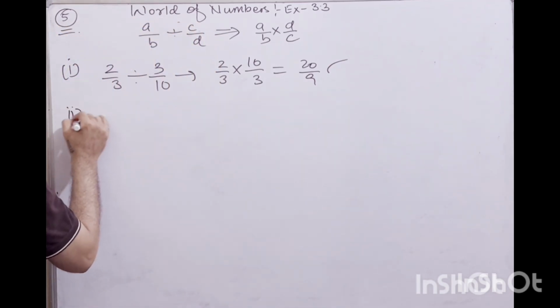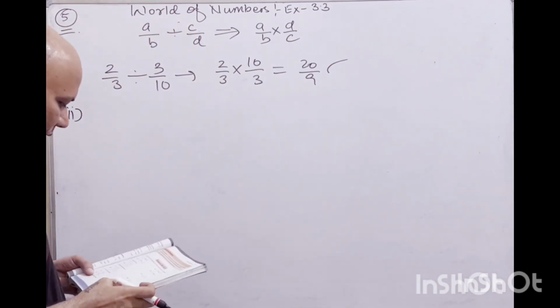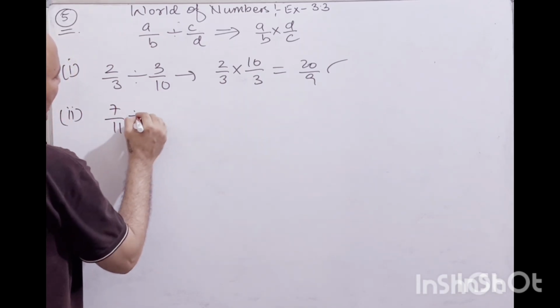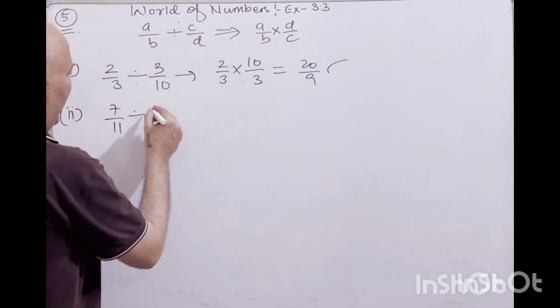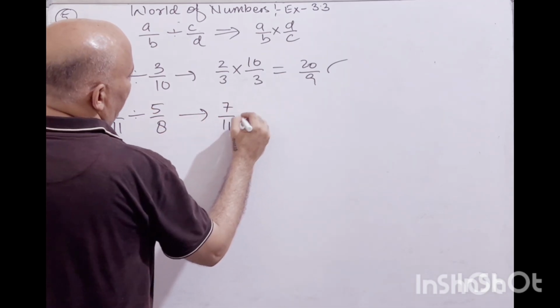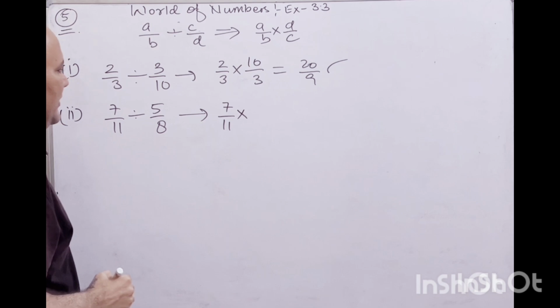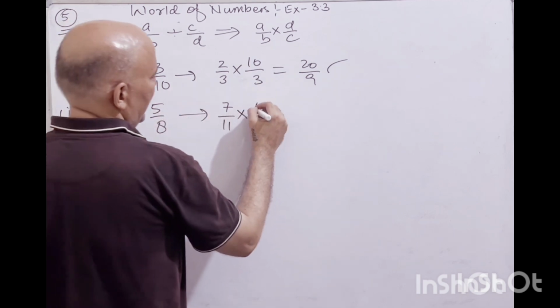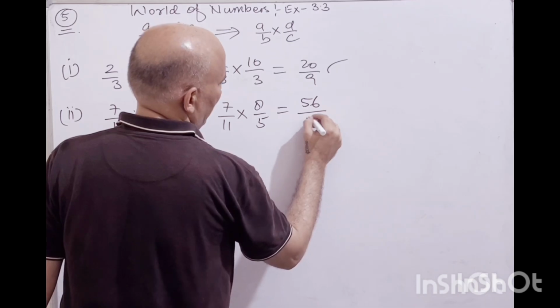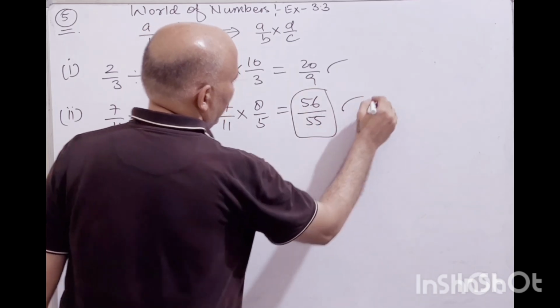Question number 5, part 2: 7 by 11 divided by 5 by 8. As per the condition, 7 upon 11 remains the same, and they change places, 8 by 5, so 56 upon 55. This will be our answer.